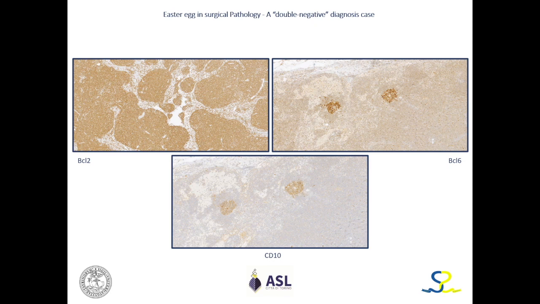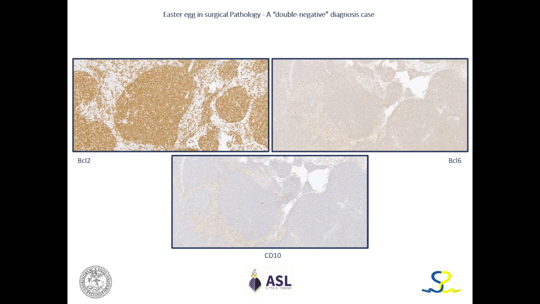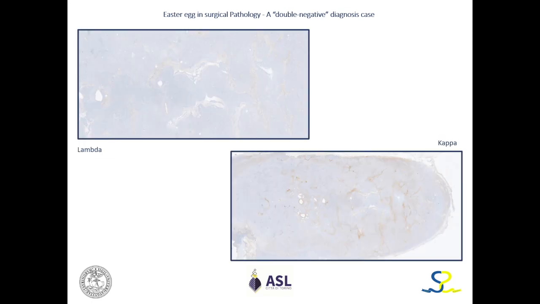These are just the only two small germinal centers in the whole lymph node, while the higher power view I show you right now shows even better how the lymphoid elements are negative for these markers and strongly positive for BCL2. Finally, the staining for the light chains, kappa and lambda, is negative as well.